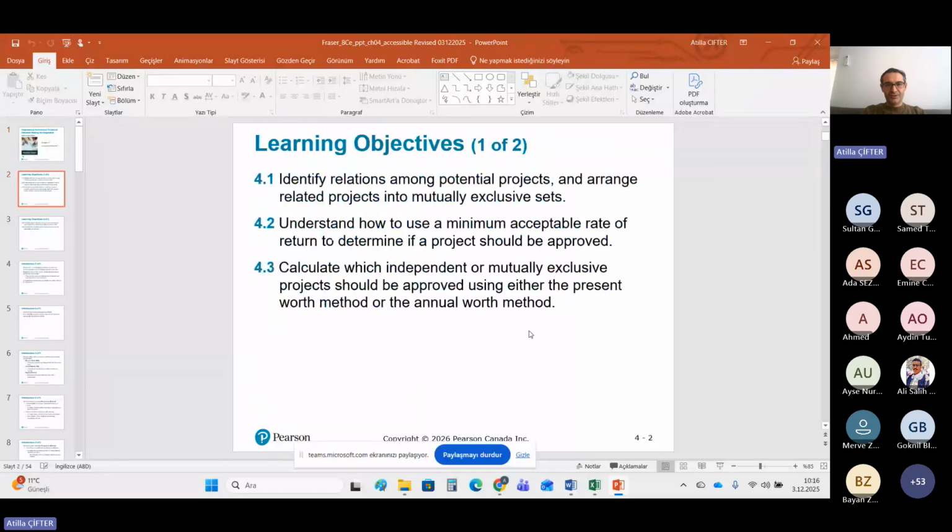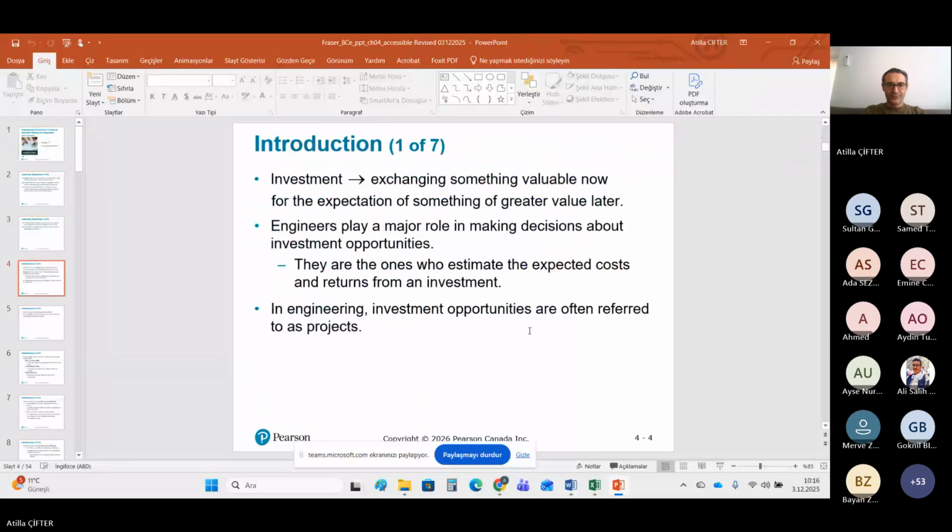Okay. So here, what we know about engineering, finance, and economics, investment is the central point, as you can remember from the beginning of this book. We have investment, therefore we need to evaluate the return of this investment and see if we have positive return or not.